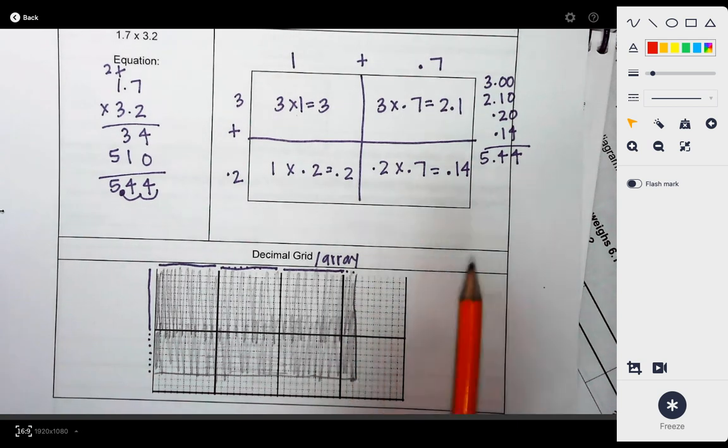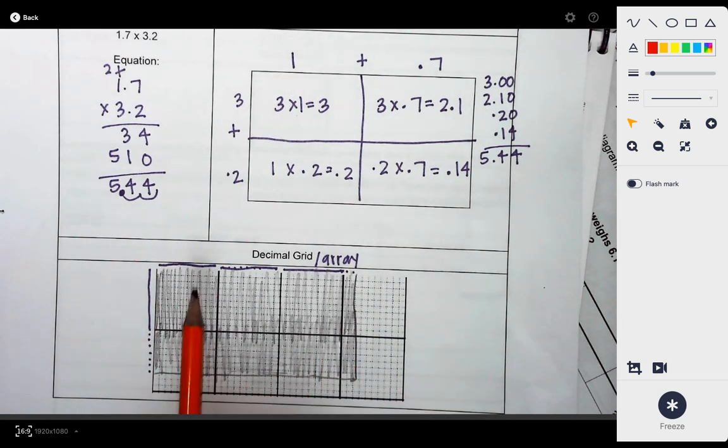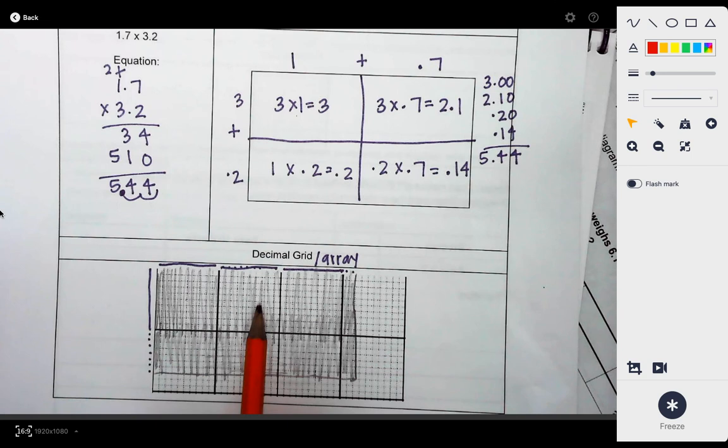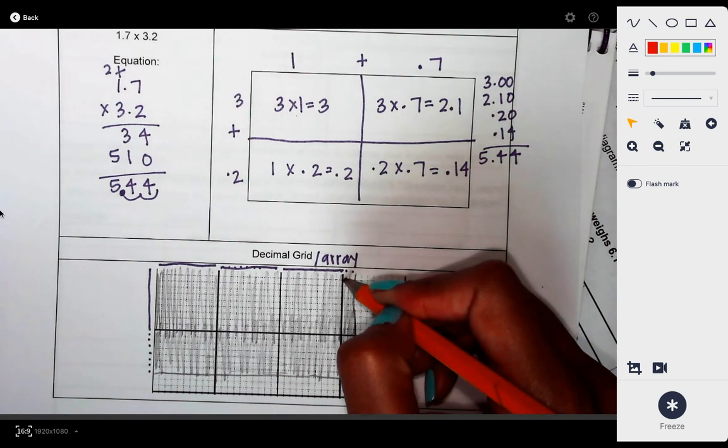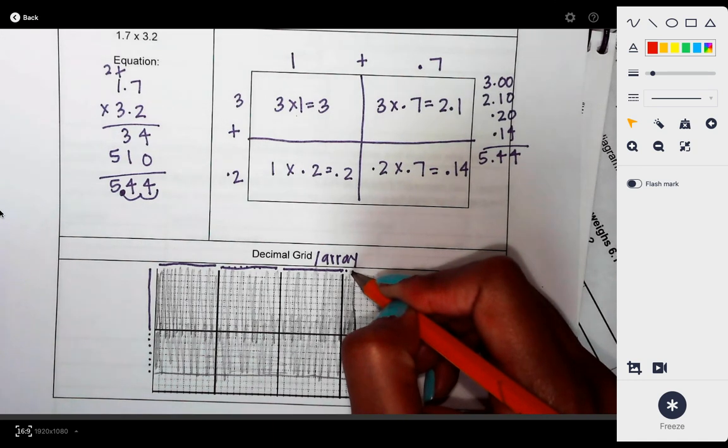So now I count. I have 1 whole, 2 wholes, 3 wholes. 3 1/10, 2/10.